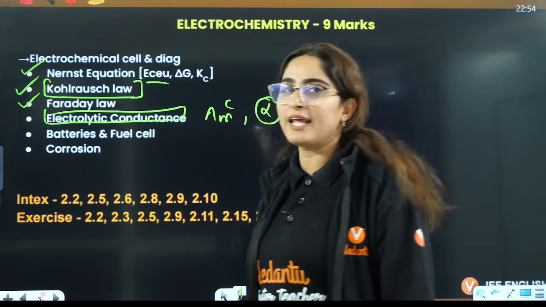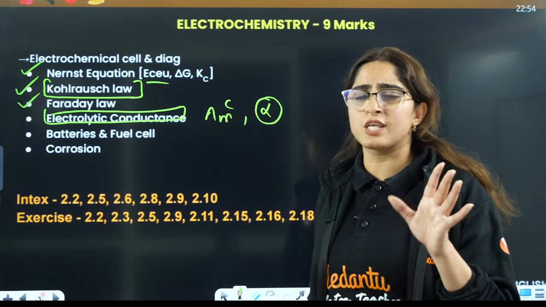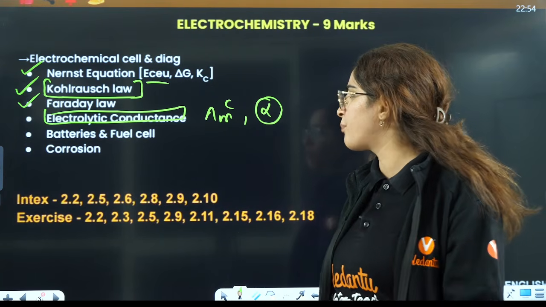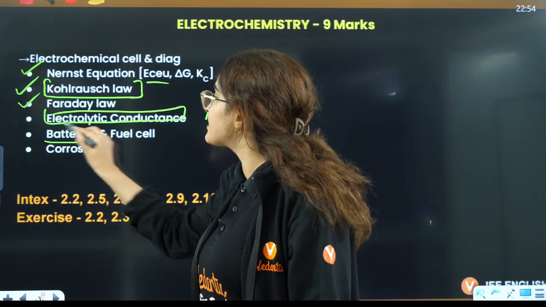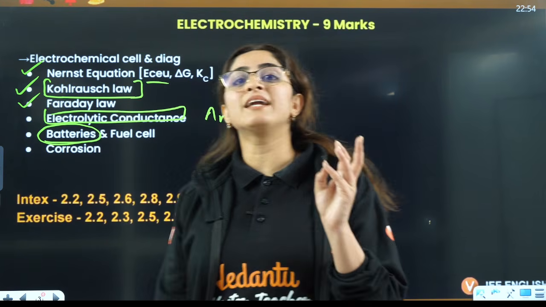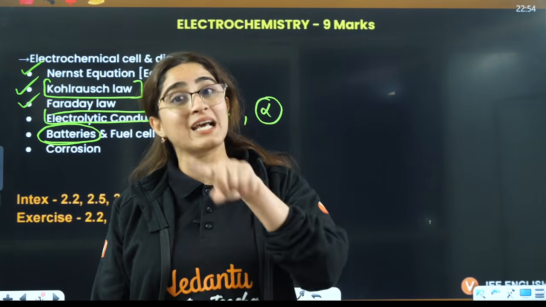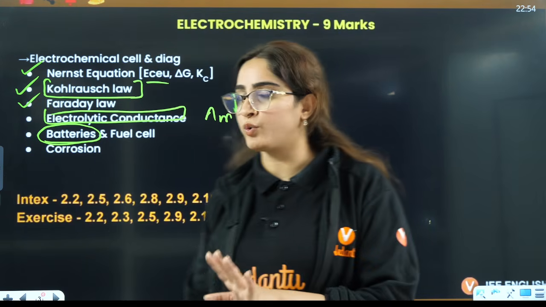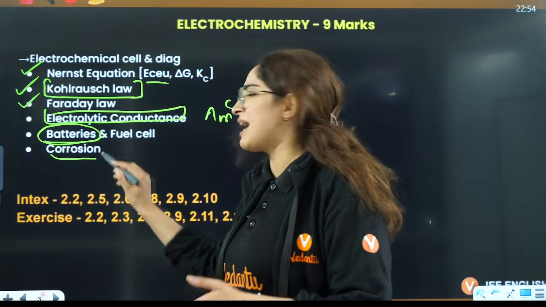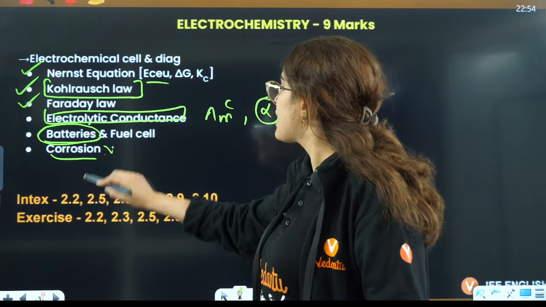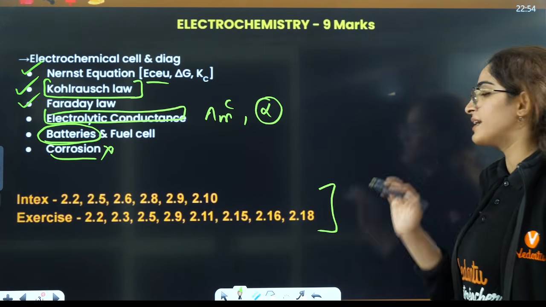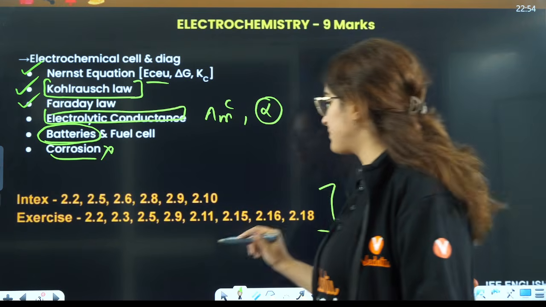Then from Faraday's law, Faraday's first law, they ask you the question majorly, but it is not so important. Now from batteries, they ask you questions from the lead storage battery, right? The lead storage battery is the most important, and the nickel cadmium battery is very important for you, right? Then in corrosion as such, they don't ask you questions, okay? So now these are the exercise and in-text questions that you need to do here, right?